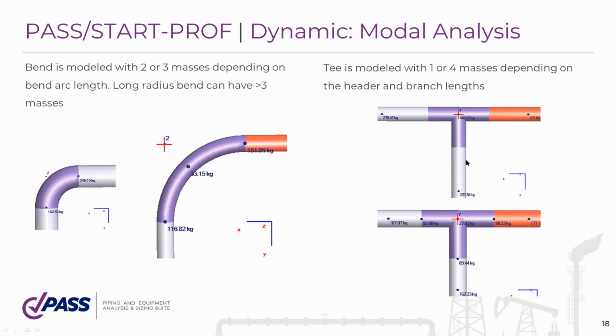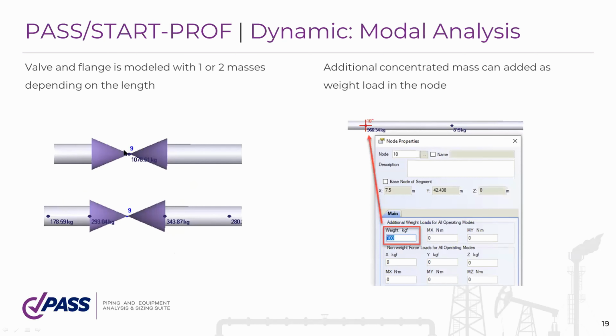START-PROF makes the same decision for tees. It can model the tee with 1 mass concentrated at the intersection point between pipes, or it can put 4 masses. The valve can be modeled by one mass or two masses. The decision is made automatically by START-PROF.